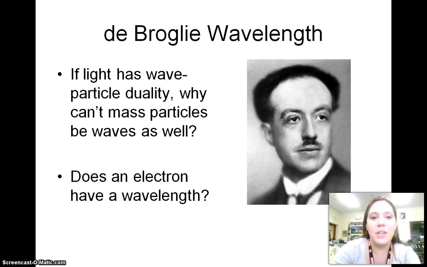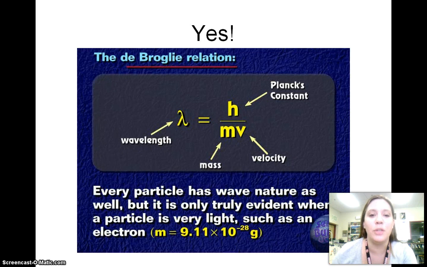So his question essentially was, does an electron have a wavelength? And after some experimentation, actually by these two guys called Davisson and Germer, they proved his theory that yes, particles that have mass, like electrons, as opposed to photons, which we were talking about before, also have a wavelength, okay? And it's called the de Broglie wavelength, okay?